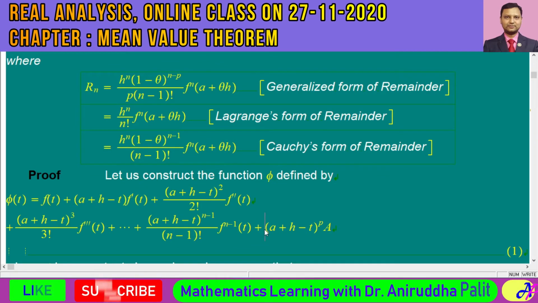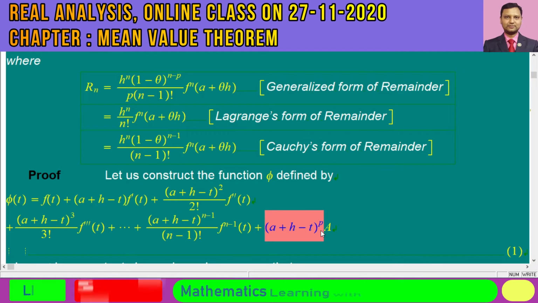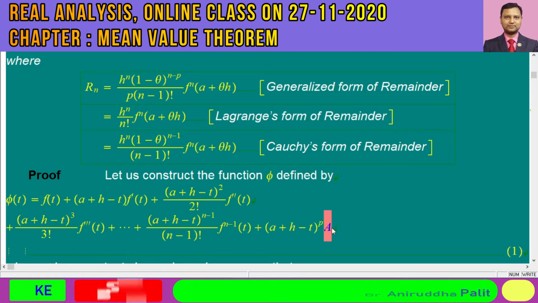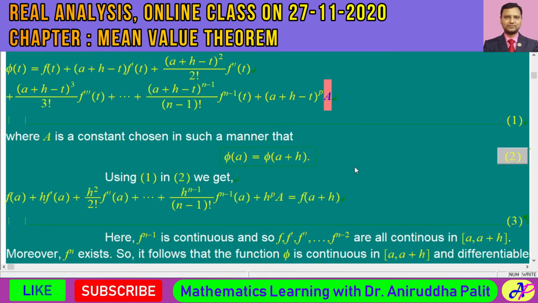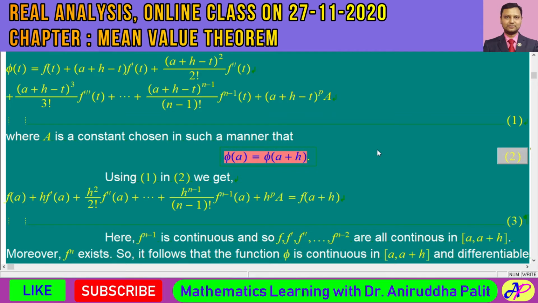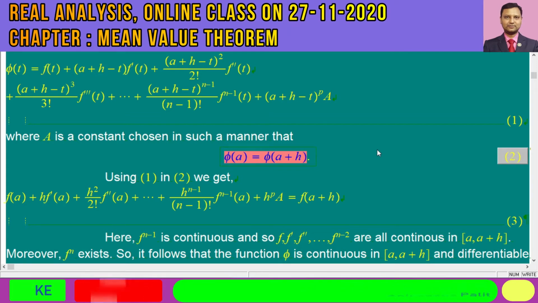This term is actually an exceptional case. So we are writing a plus h minus t whole to the power of p into this constant capital A, where capital A is a constant chosen in such a manner that phi of a becomes equal to phi of a plus h, or phi of b.